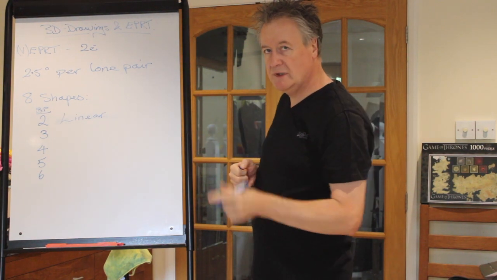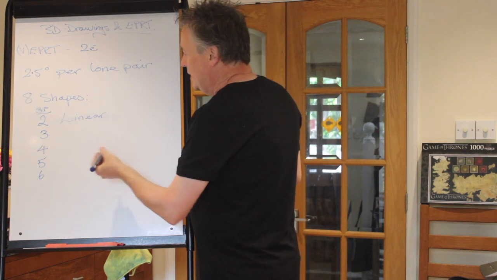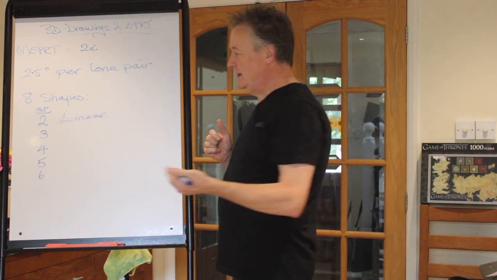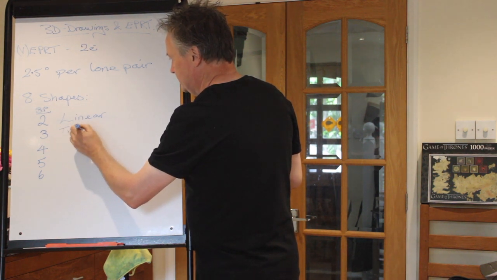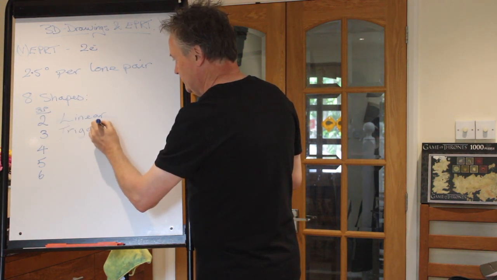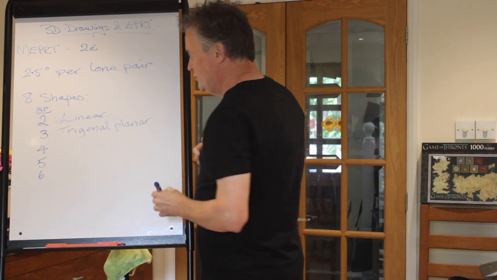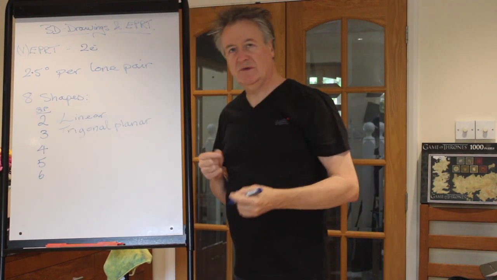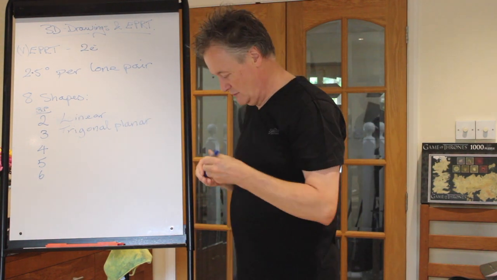You get 3 atoms in a straight line around that centre one, which is linear. When you get 3 bonding pairs, you have trigonal planar. This is one of the ones that you tend not to bother with. These are the 2 that don't need a 3D drawing.